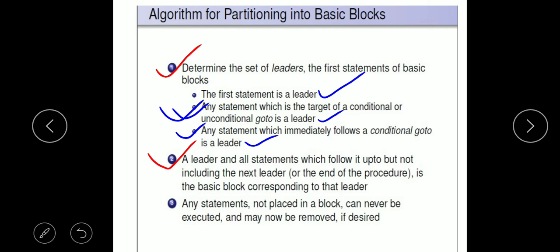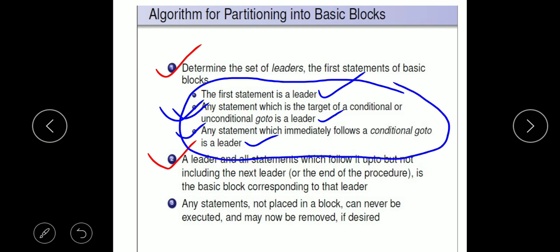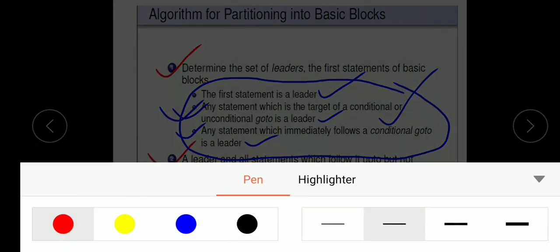So you need to remember these 3 rules to identify leader statements. Once you identify leader statements, you can construct basic blocks by using this rule.